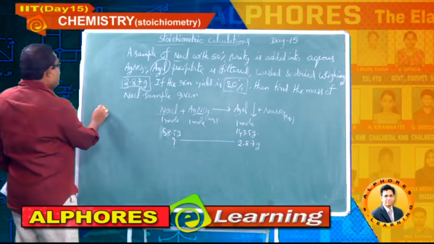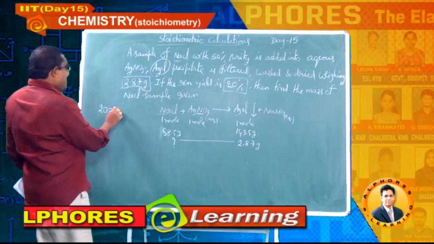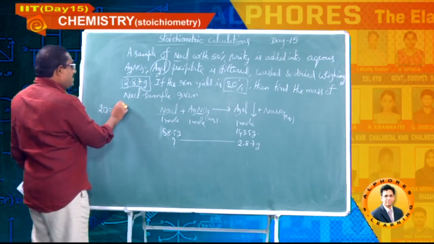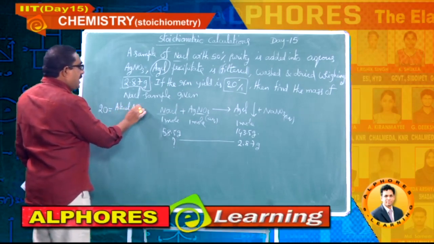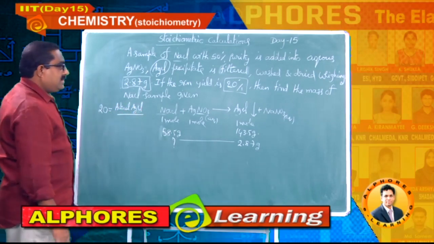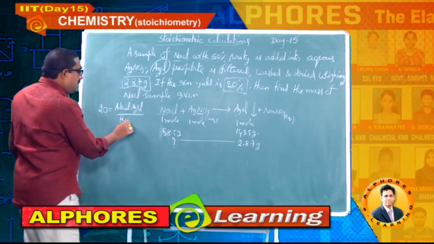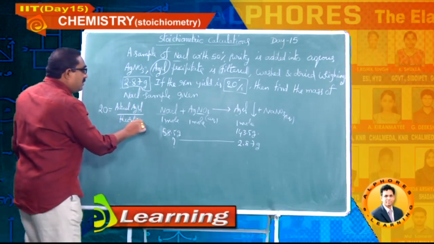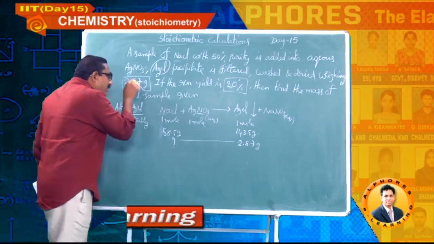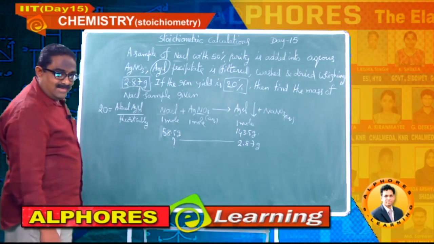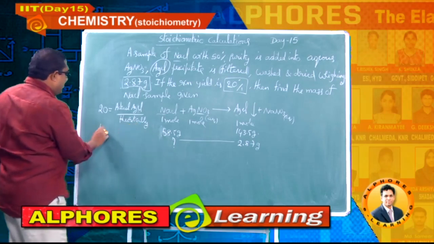Let me write here. 20% means 20 is equal to actual silver chloride by theoretically calculated silver chloride. Please observe. Here he has given actual. Let me calculate theoretically.